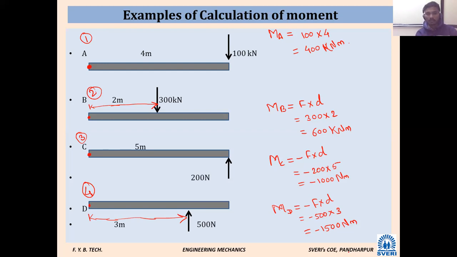Complexity will increase, so don't be under a wrong impression; such simple problems are only the beginning. That's why I have given one thumb rule: at whichever point you want to calculate the moment, imagine you are holding that point with your left hand, and then decide whether this force makes it rotate clockwise or anti-clockwise.